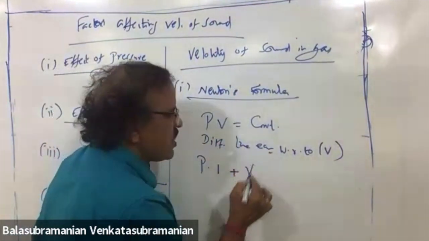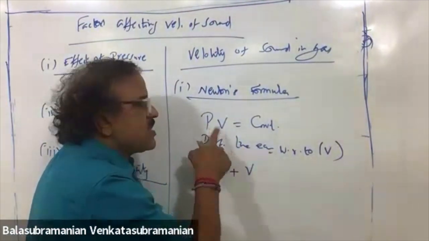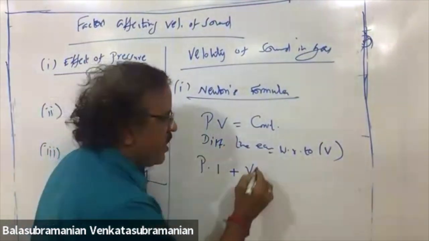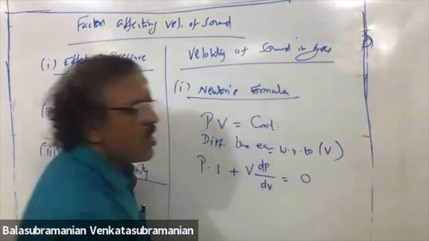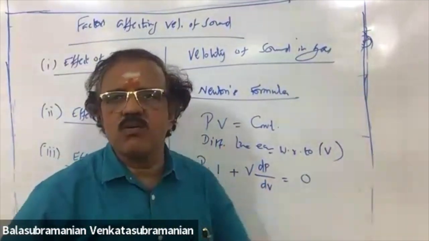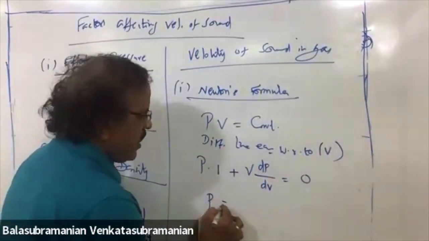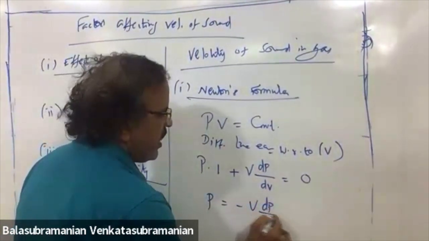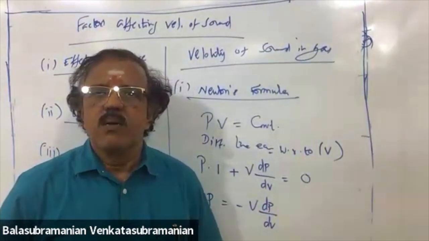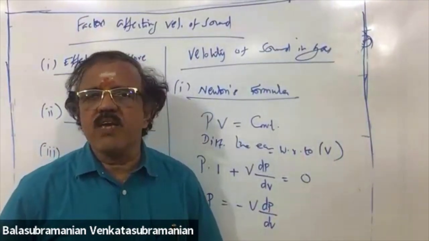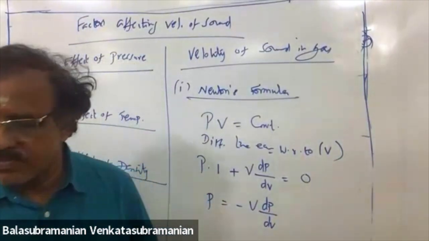Keeping V constant, differentiate P with respect to V, dP by dV. Constant differentiation is 0. So I can write P is equal to minus V dP by dV. Minus V dP by dV. This is called the pressure.